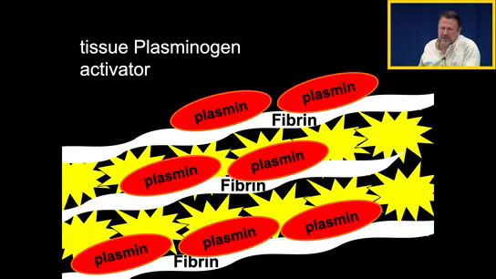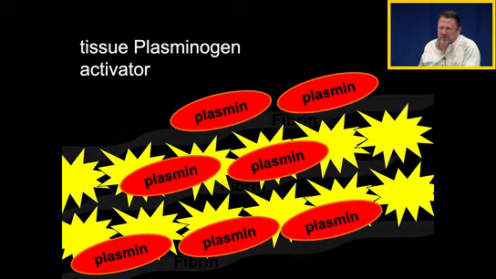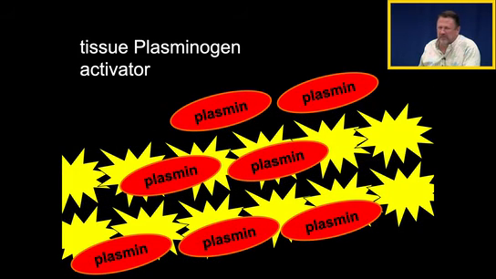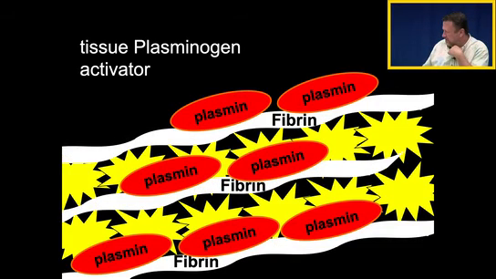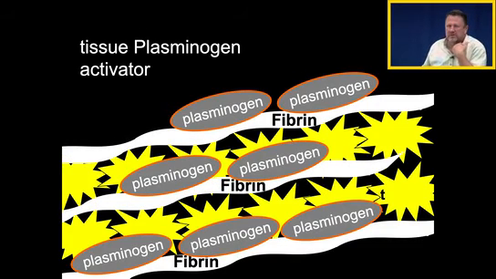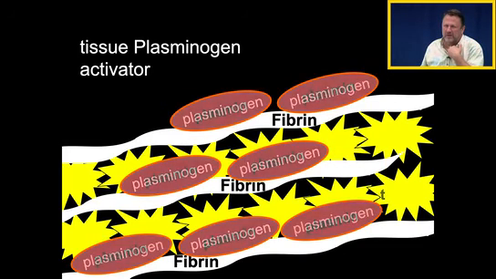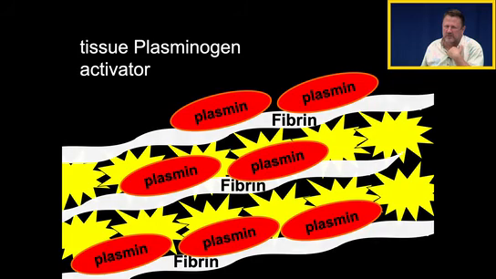And then tissue plasminogen activator activates them, turning them to plasmins. And plasmins are what dissolve the fibrins and make them float away. So that's how TPA breaks down blood clots, by activating the plasminogens. The plasminogens are a part of the fibrin, and we activate them, and they break down the fibrins.